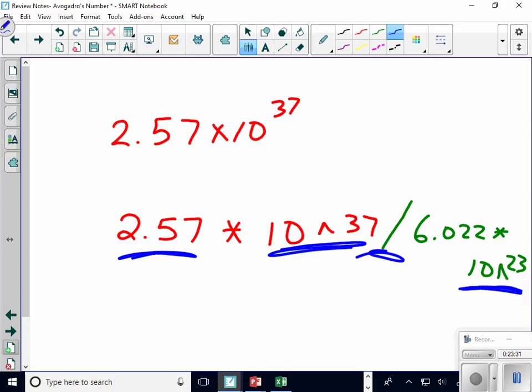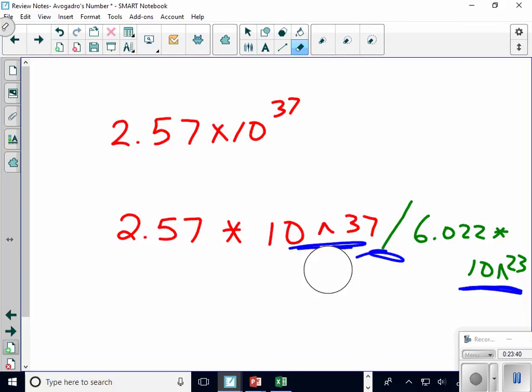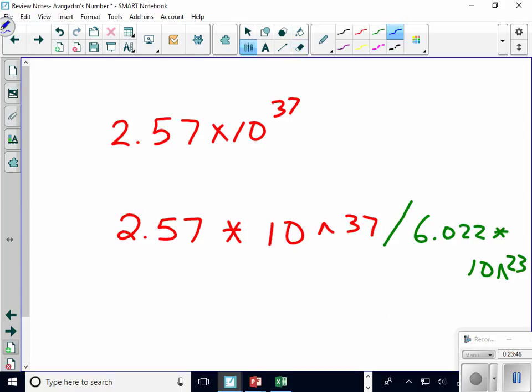Now, if I'm going to do it like this here, folks, what do I need to do, Connor? I could put parentheses here, and it would work out fine.